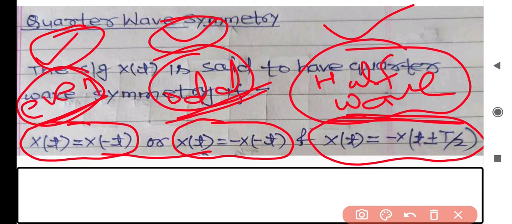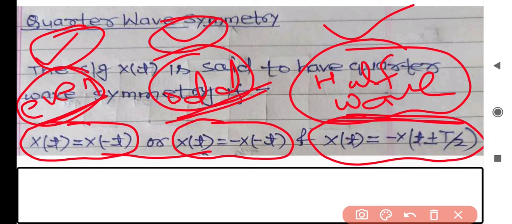So to check whether the signal has quarter wave symmetry or not, we first have to check whether it has even or odd symmetry, and along with even or odd symmetry, it should have half wave symmetry also.